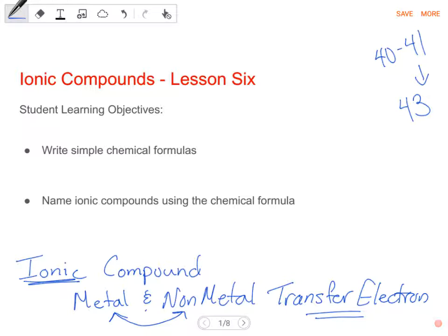The goals for the learning objectives for ionic compounds, lesson 6, is I want you to be able to write simple chemical formulas. I want you to understand the how, the why. I also want you to be able to name them properly. So we're going to go through this. I'm going to put together a number of examples. Now, some teachers might look at this and say, well, maybe he's not doing it 100% right.